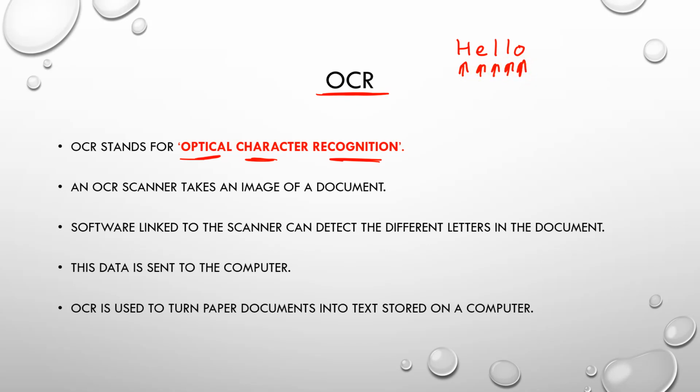For example, if I scanned a document that had lots of lines in it, it could detect all of the different characters, so I could then load it onto my computer and edit this document or add to it or delete parts out that I didn't want. So it's a little bit like a document scanner, but it has more functionality and it's more practical for a workspace, because it will give you a document you can edit on your computer.